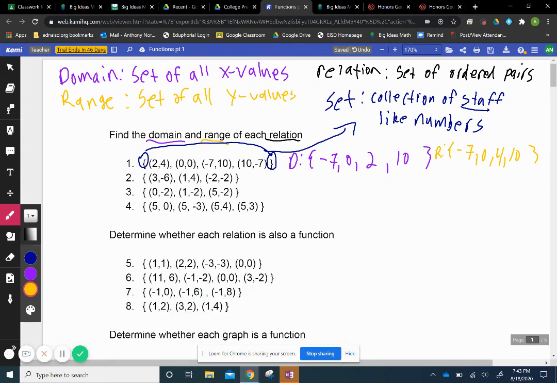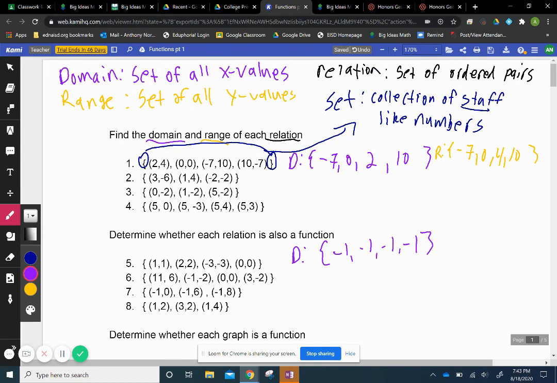I'm aware that these instructions say to make it a function, but I'm going to demonstrate how to do domain and range of number 7, because I think we might get a little something out of it. So here's a domain of 7, D, and we have -1, -1, -1, -1.